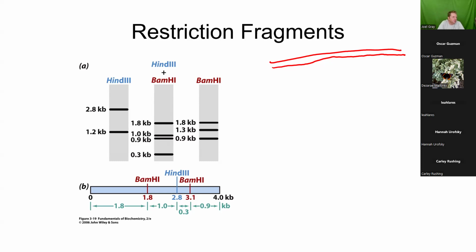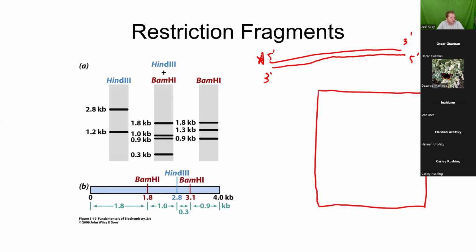Now, let's imagine that you have this piece of DNA. Here's your 5' end, here's the 3' end, 5', 3'. And if you run this on a DNA gel, here's our DNA gel right here. You've got ladders of known molecular weights. Okay, that's helpful.